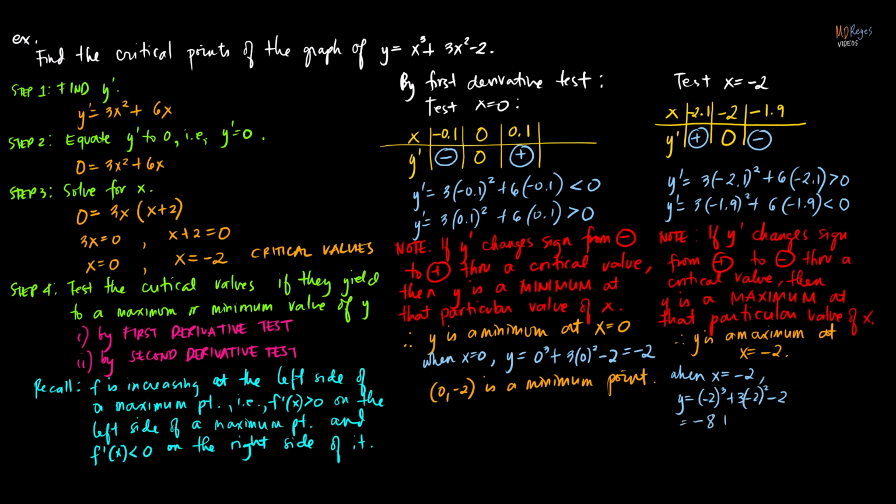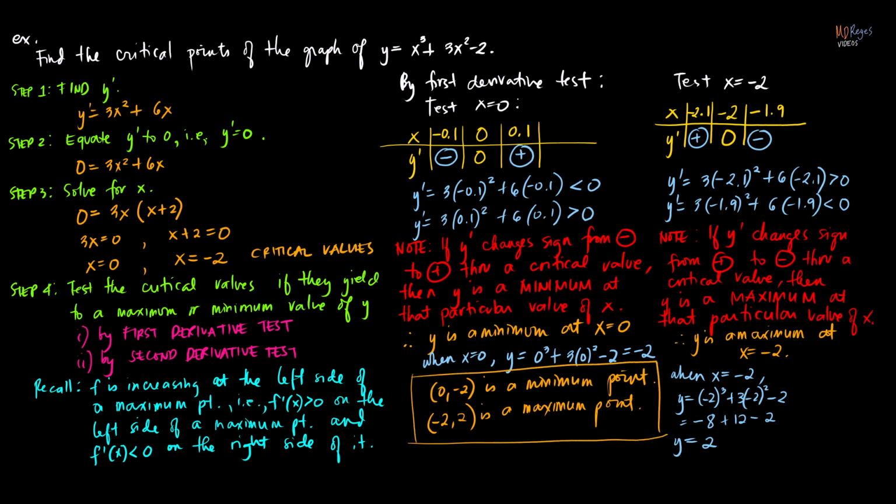We have -8 plus 12 minus 2. So y is equal to 2. So we have now the maximum point. The x-coordinate of the maximum point is -2, and the y-coordinate is 2. Alright, there you have it, the critical points of the graph of the function.